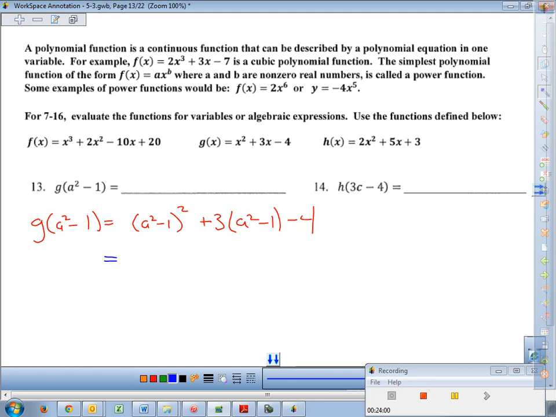What's the trick? First move is square the first guy. So what's a squared squared? A to the fourth. Then the next move is twice the product of the guys in there. What is the product of these guys in here? Negative a squared, right? It's a negative 1 times a squared, right? So that's negative a squared, but I need twice that.